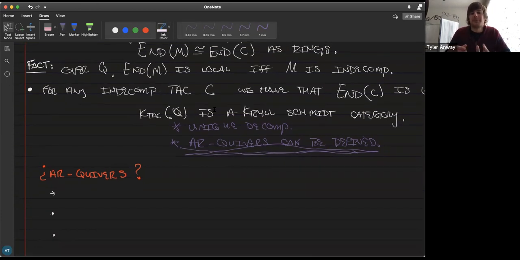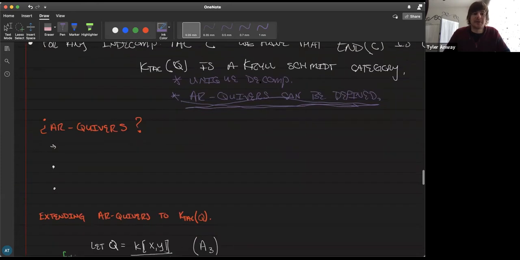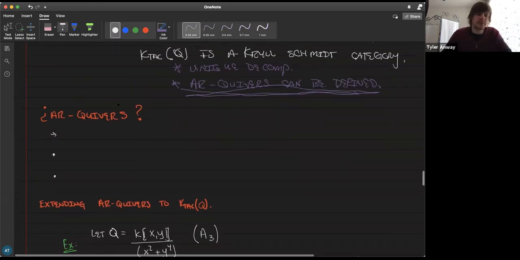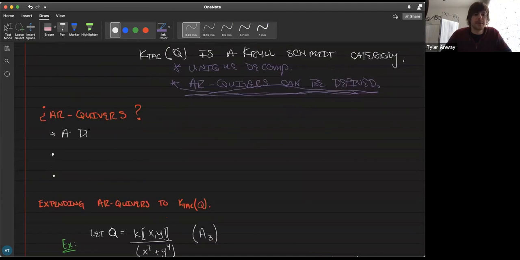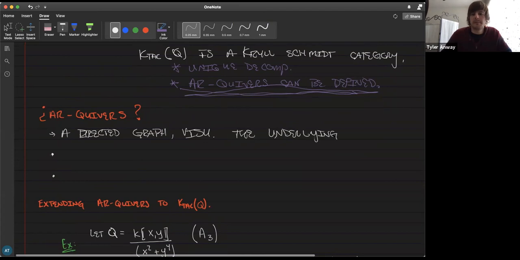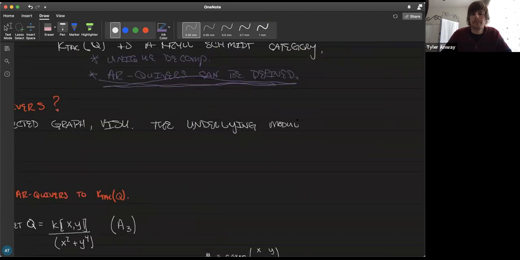Yeah, so I should probably tell you a little bit about an AR quiver. Just briefly, an AR quiver is a directed graph which is used to visualize underlying module structure.